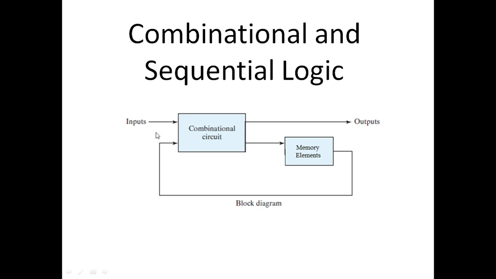So when an input is provided, it creates an output, and a copy of that output is stored in the memory elements. Whatever has been produced becomes the state of the circuit, and next time when an input is given, this input together with the current state of the circuit produces the current output. So in sequential logic, the current output depends not only on the current input but also on the previous output or the current state of the circuit, which is stored in the memory elements.